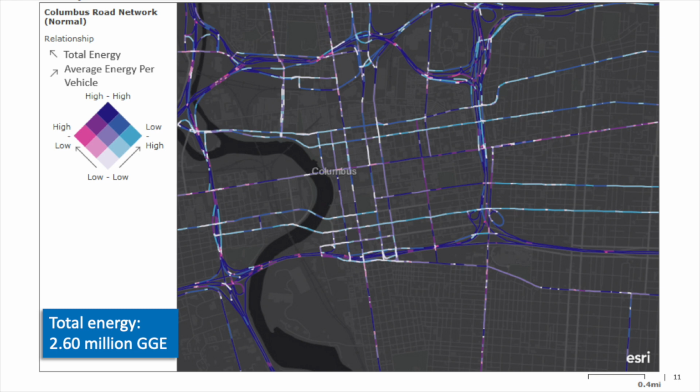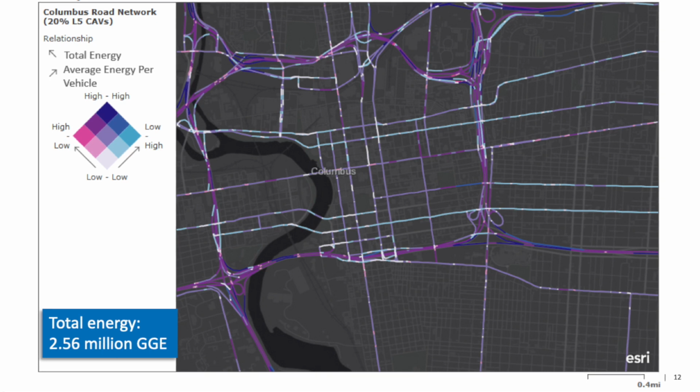This is what it would look like in a normal scenario. We're seeing, of course, up here where it's just higher energy, high volume, as well as lower vehicle efficiency. And we have a total down here, an estimated total of the gas gallon equivalent of that.